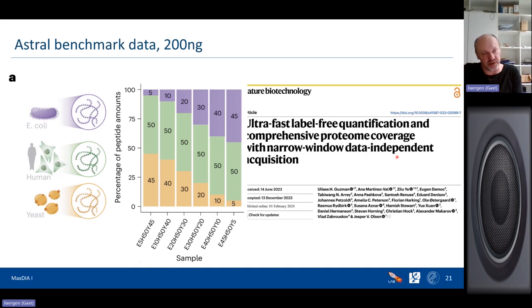The previous benchmark was from timsTOF Pro, and now we use another benchmark data set, also a species mixture, now a 3-species mixture in different ratios, but this is coming from the Astral instrument, from this recent paper from the Jesper Olsen team.